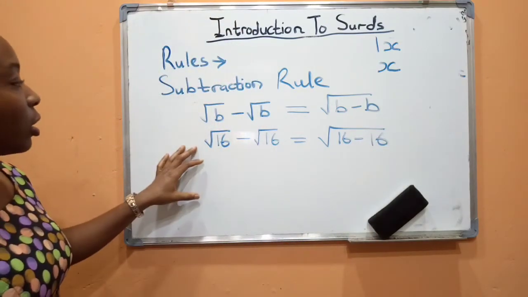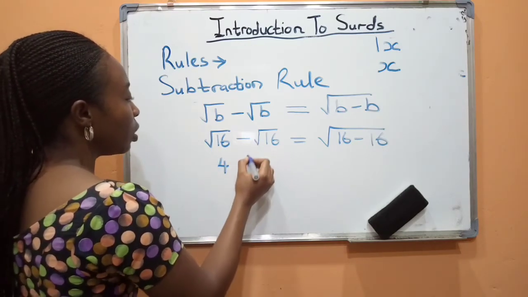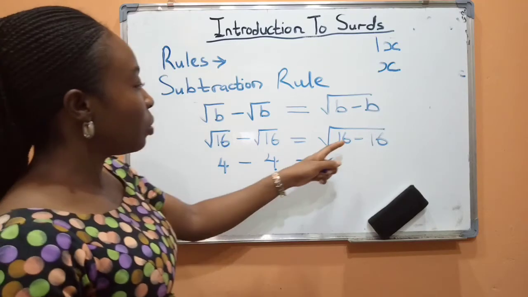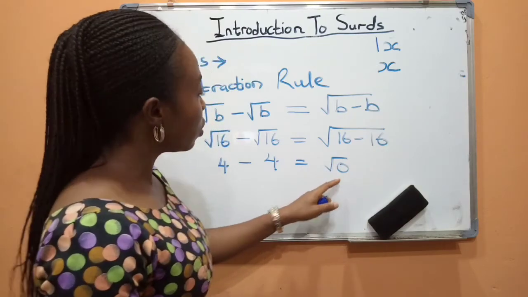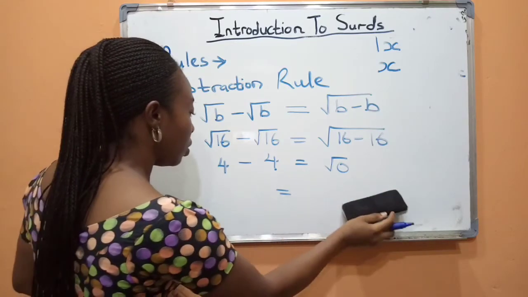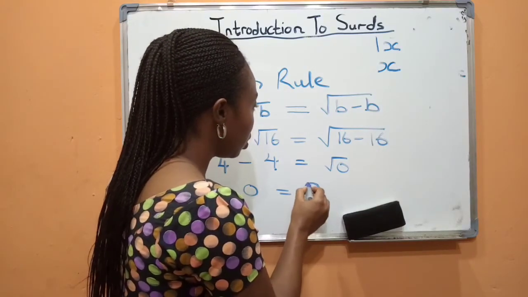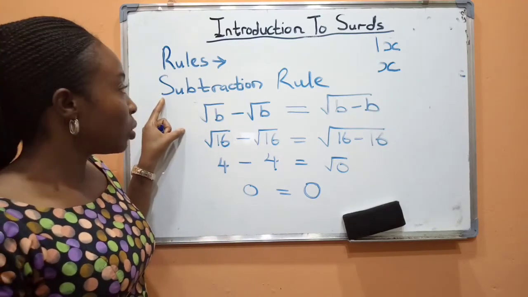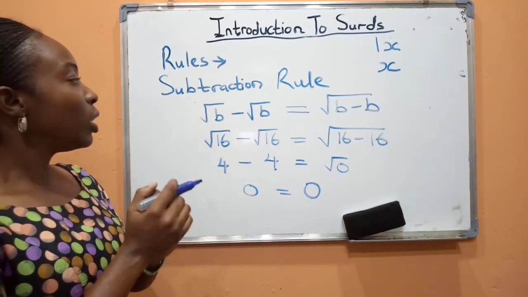By the time we check it out now, the square root of 16 is 4, minus the square root of 16, which is 4. And by the time you find the square root of this, it gives you the square root of 0, and 4 minus 4 you have 0. And the square root of 0 still gives you 0. So you're left with nothing. You can see they're equal. So just like the addition of surds, the subtraction of surds is possible only when you have similar roots.